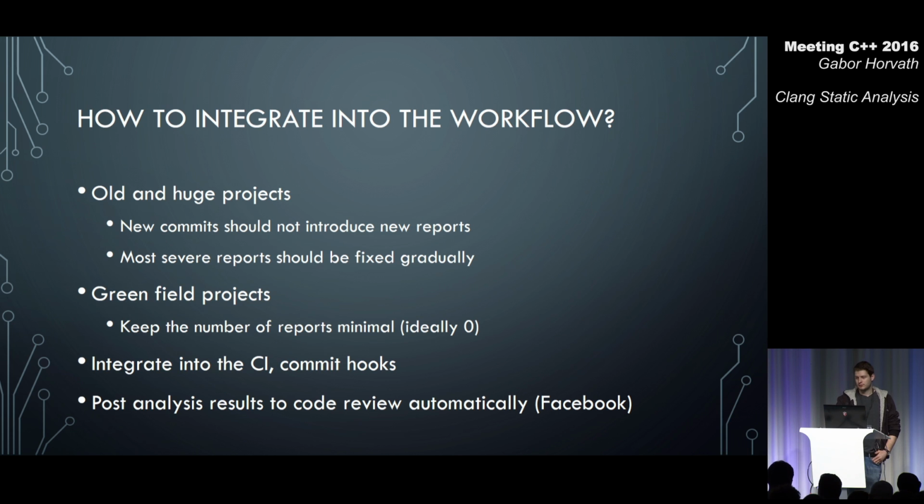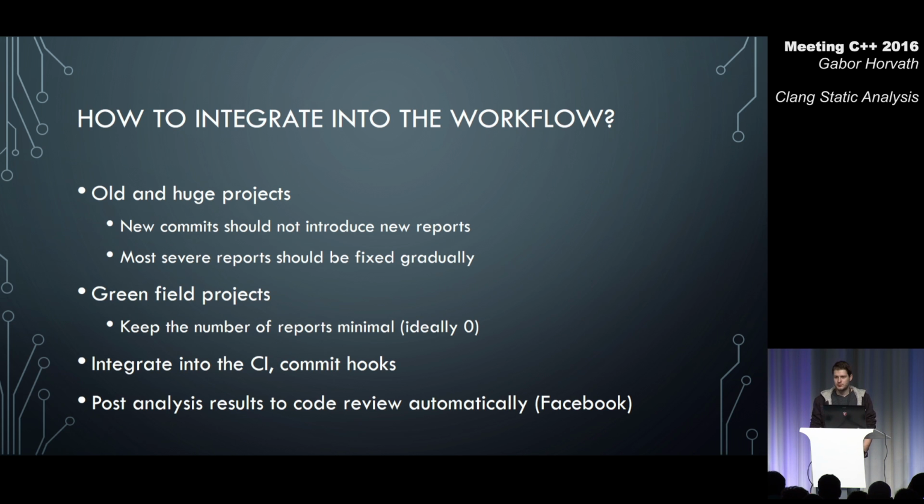So one of the first actions that we would like to do is to integrate these static analysis tools into our CI, or continuous integration, loops. And for example, one of the techniques that is used by Facebook is each time when somebody submits a commit, then an automatic code review is initiated.